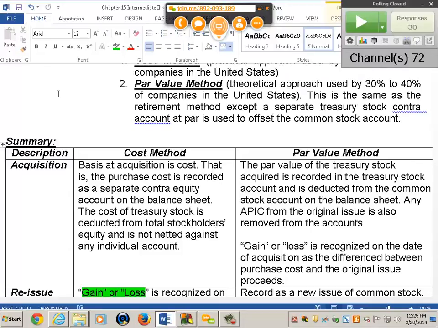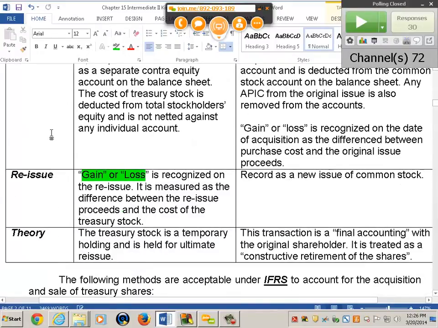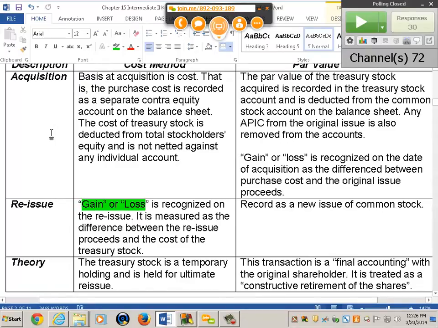Now, par value. The par value method is exactly the same as the retirement method in that it is a final accounting with the shareholder. So if you look at the theory, you basically reverse out the original transaction.